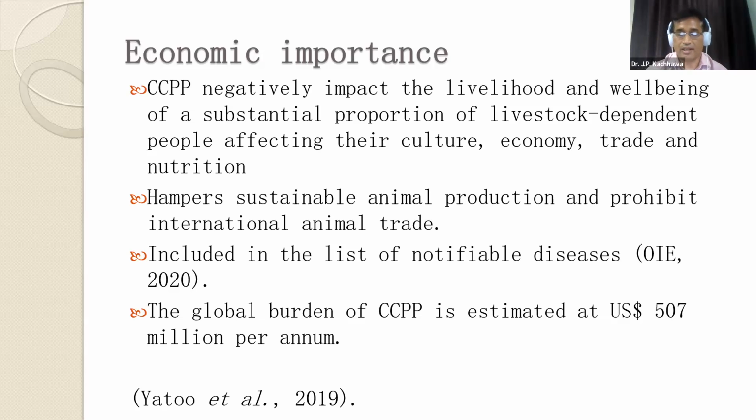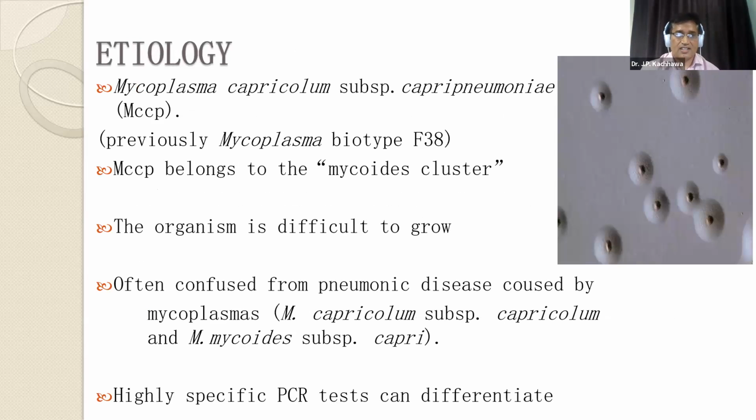507 billion per annum. This disease is caused by Mycoplasma capricolum subspecies capripneumoniae. In short, we can say it is MCCP. Previously, this organism was recognized and called Mycoplasma biotype F38.